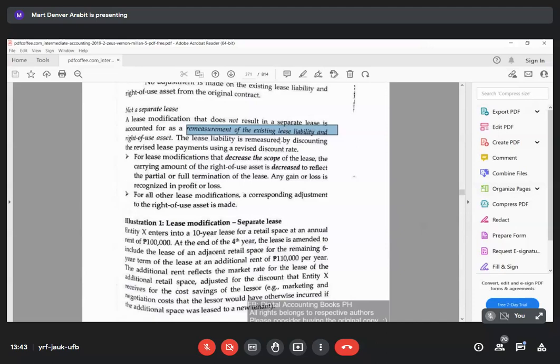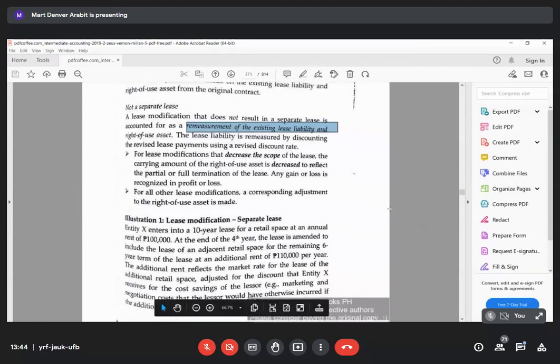The additional rent reflects the market rate for the lease of the additional space, adjusted for the discount that Entity X receives for the cost savings of the lessor, the negotiation costs that the lessor would have otherwise incurred if the additional space was leased to a new tenant.